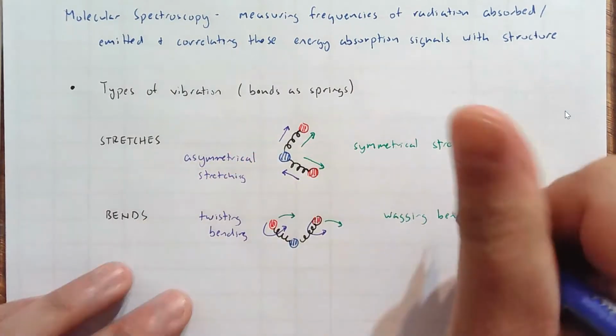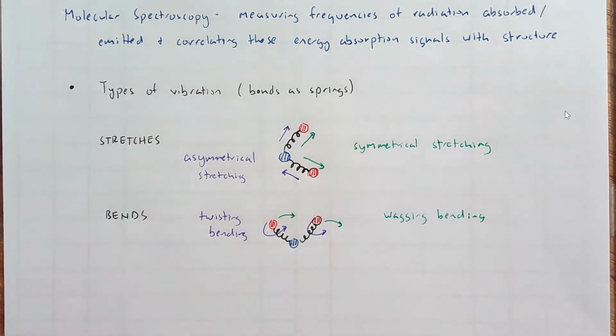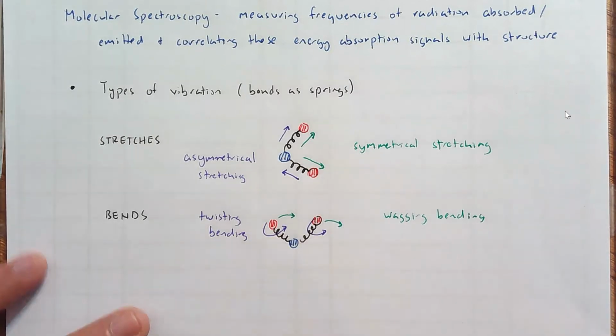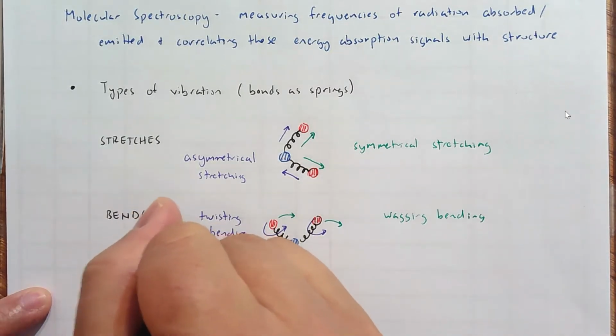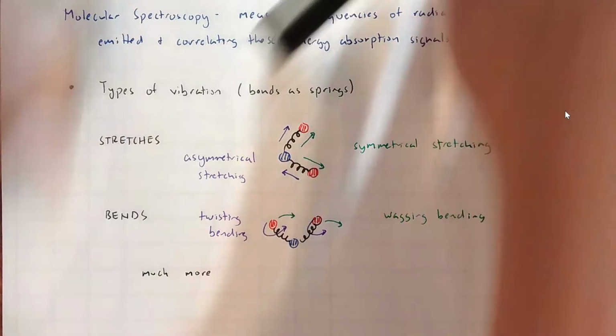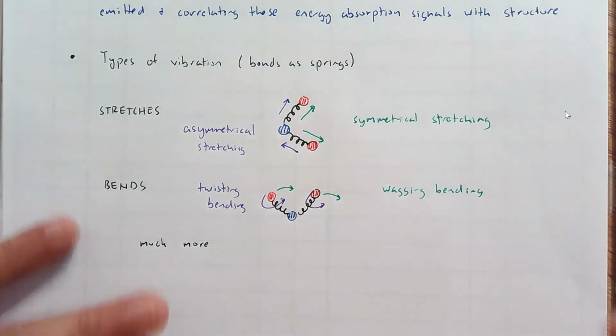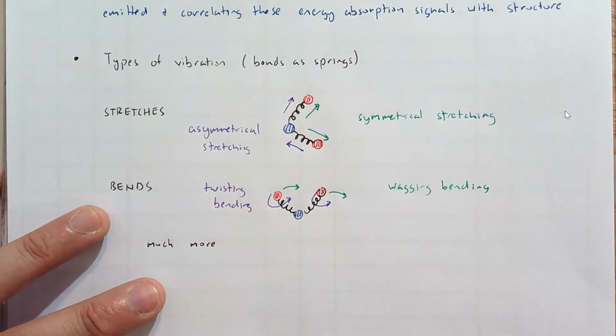Actually, we'll put ing in both of these. These are just a few of the possible movements of molecules or groups of atoms, and there's much, much more. So when we look at an IR spectrum, it's going to look pretty complicated, but we're only going to focus on the key absorptions.